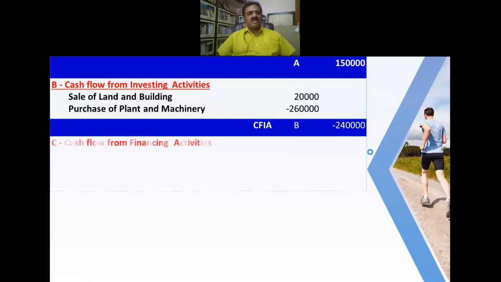Let us see what is the cash flow from financing activity. Financing activity mainly deals with share capital, debentures, any bank loan, and dividend paid.